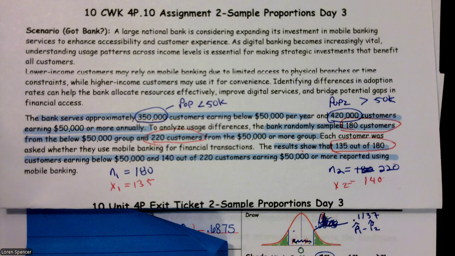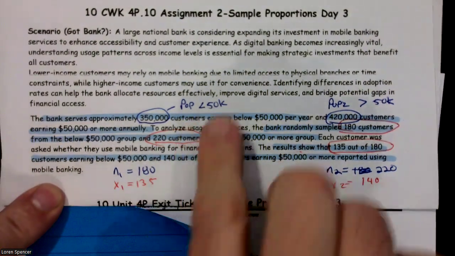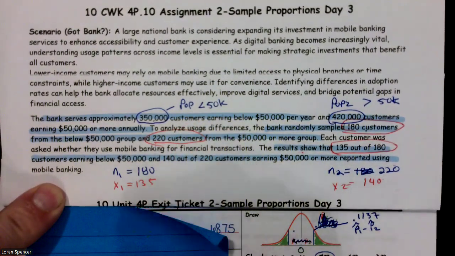A large national bank is considering expanding its investment in mobile banking services to enhance accessibility and customer experience. As digital banking becomes increasingly vital, understanding usage patterns across income levels is essential for making strategic investments that benefit all customers.